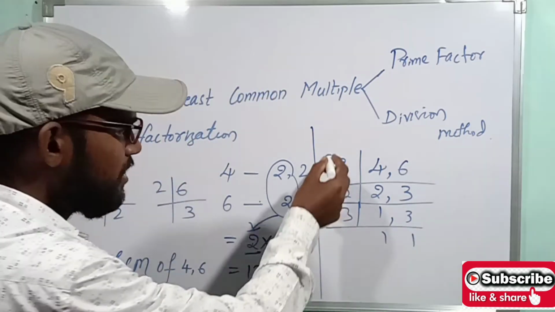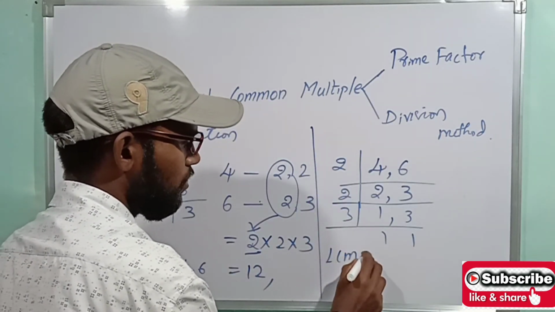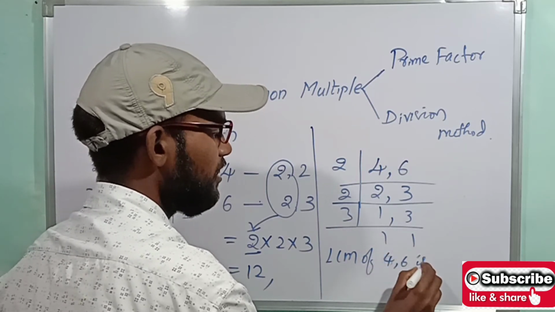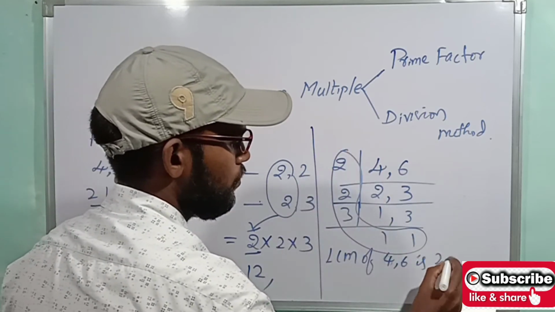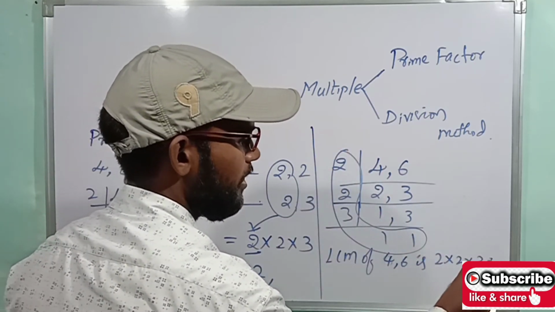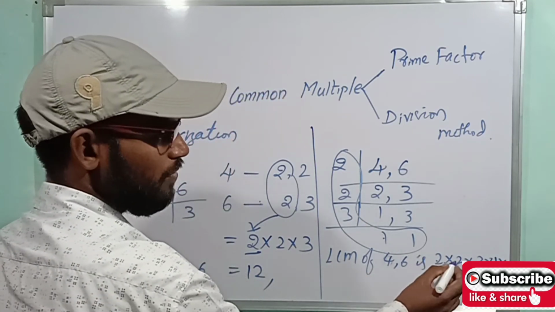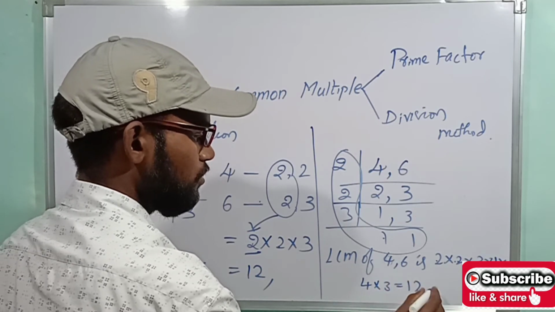So what are the numbers here? LCM of 4 and 6 is, multiply all of this. You get 2 into 2 into 3 into 1 into 1. So what do we get here? 2 2s are 4, 4 3s are 12.